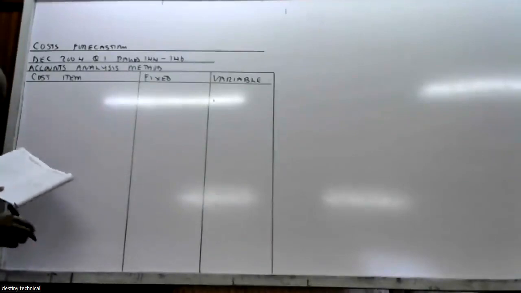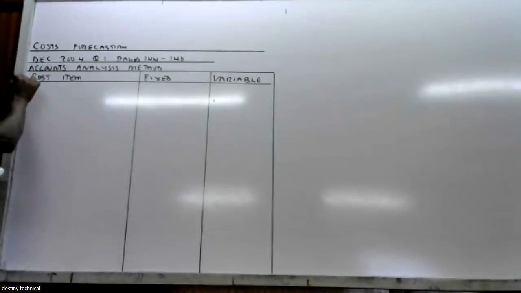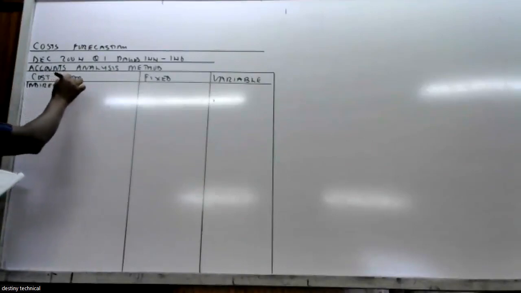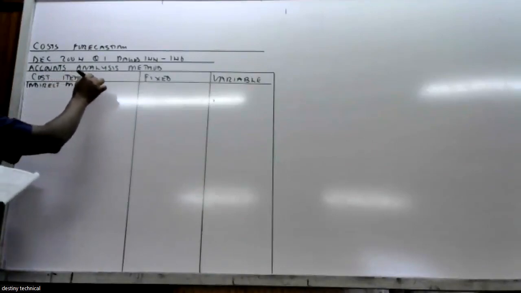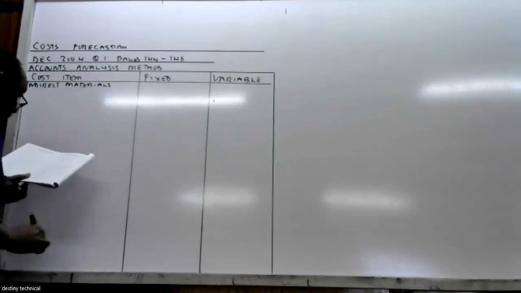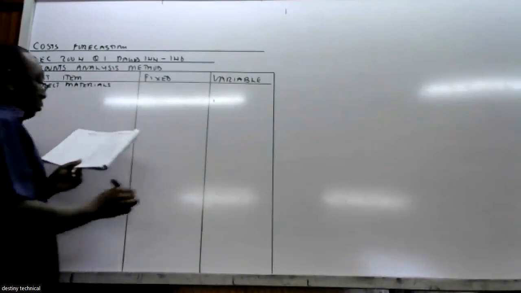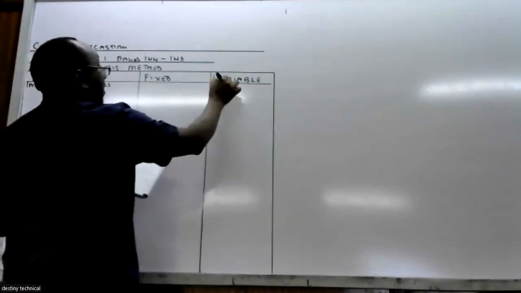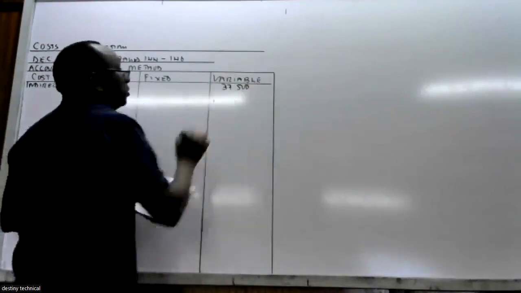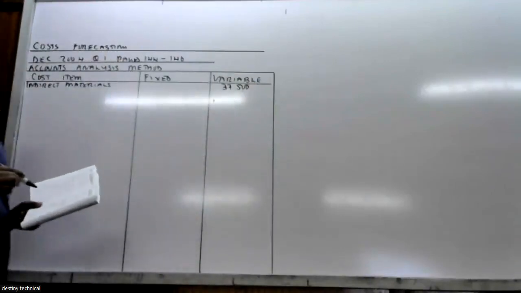So the first one is direct materials. In direct materials, the variable amount is 7,500. So we put it there at 7,500.